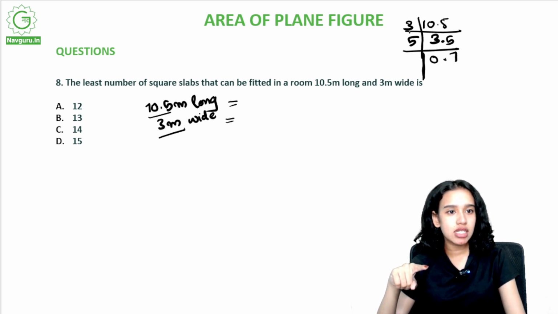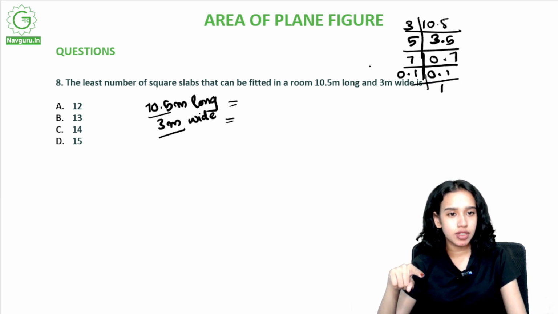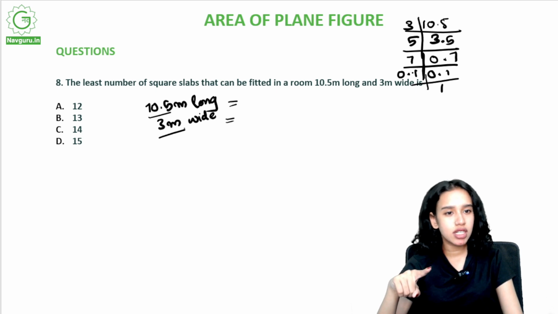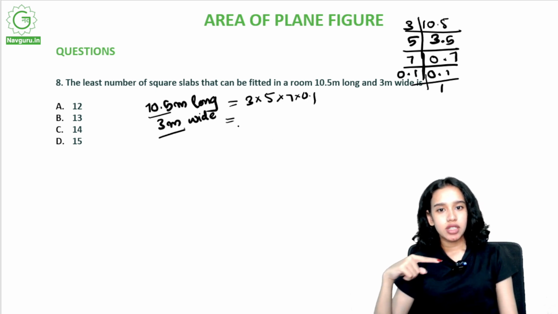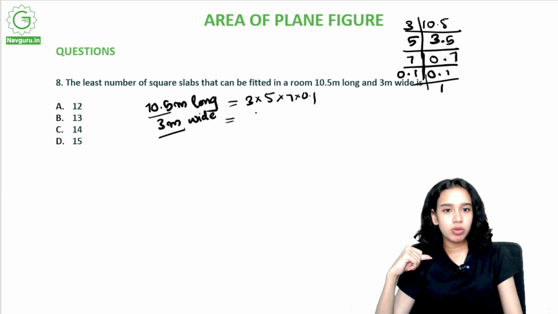Now it is divisible by 7, we get 0.1. What is 0.1? It is 1 by 10. So this would be 3 into 5 into 7 into 0.1. What is 3? 3 could be written as 3 into 1.